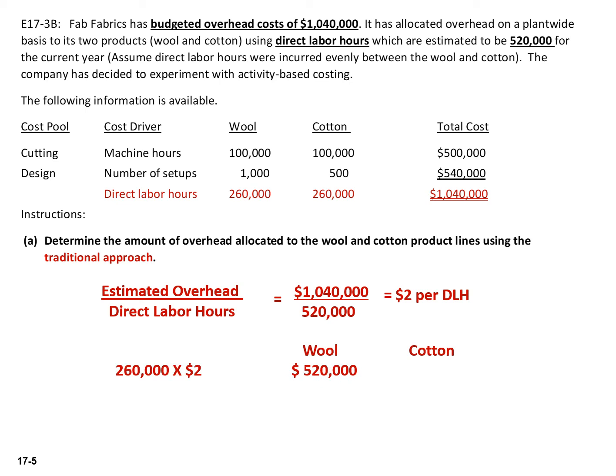If we're going to allocate this to the wool, we're simply going to take the direct labor hours, which is 260,000, and multiply that by $2. We're going to do the same thing for cotton, which means of that $1,040,000, we're going to equally allocate that to both wool and cotton.